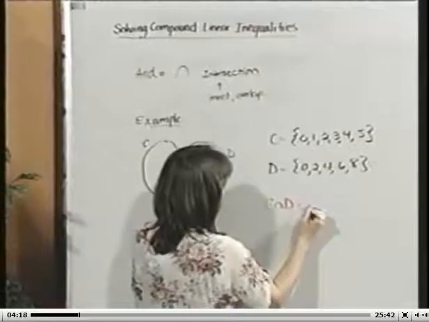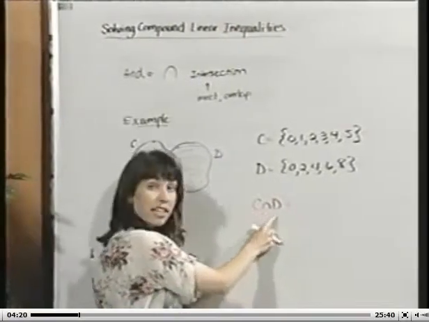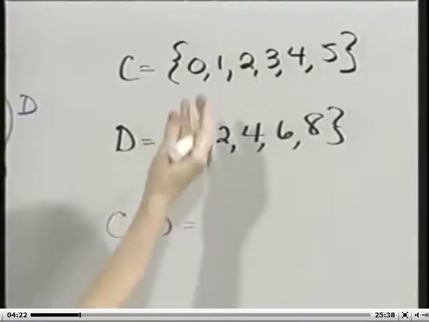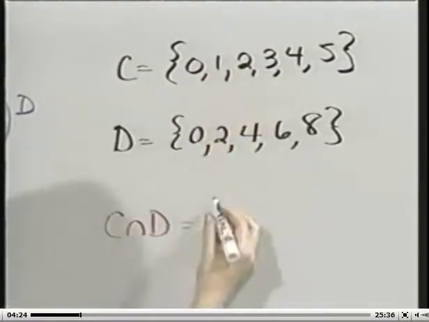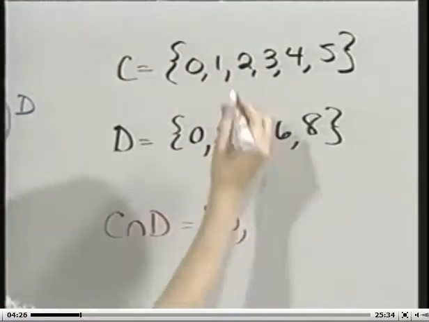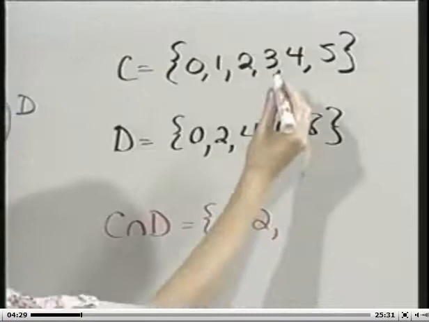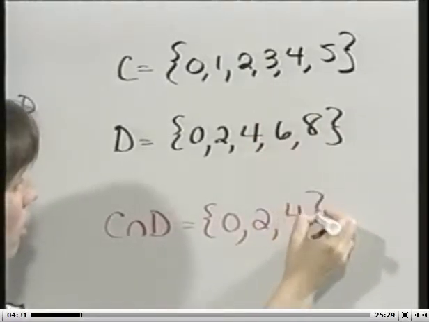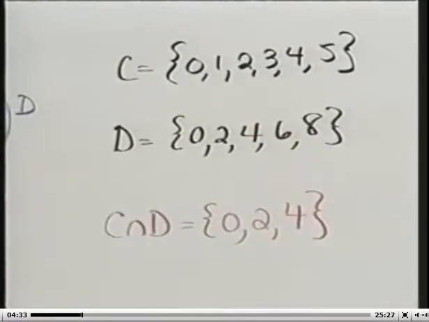What are all the elements that lie in C and lie in D? Well, it's everything that overlaps, everything that meets. And so this would be 0, 2, and 4. Those are the only elements that lie in both sets C and D, and that's the intersection of the two sets.